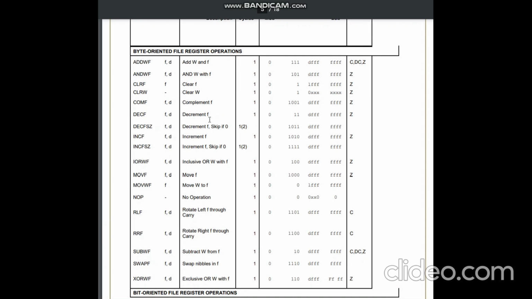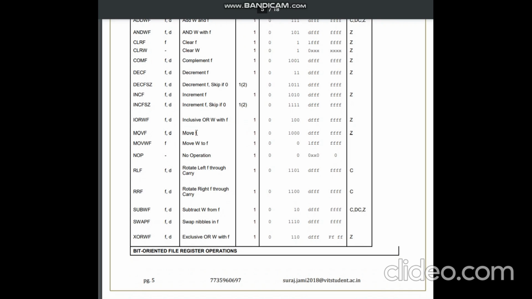This is the decrement, this is the increment. For increment we use INCF, for decrement we use DECF. This is no operation, NOP.